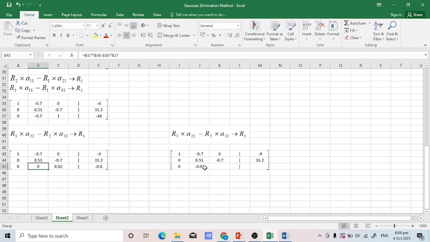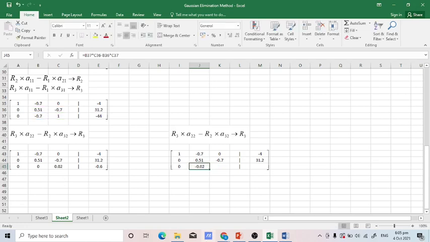Kaya lang dito, nung nag-copy paste ako, Control C, Control V, umusog yung dalawa doon. Ano yung pwedeng gawin para hindi umusog? Di ba yung A22 tsaka A32 fix sa lahat? Yung nagbabago lang yung R2, R3, kung first element, second element, third element. So para mapibilis yung ating paggawa, pwede tayo maglagay ng dollar sign.